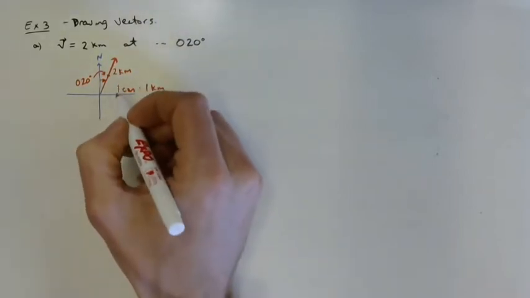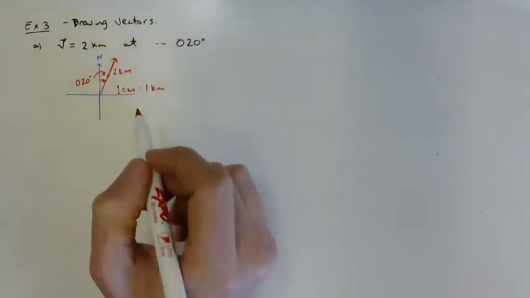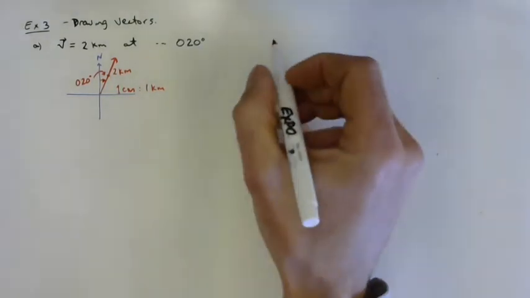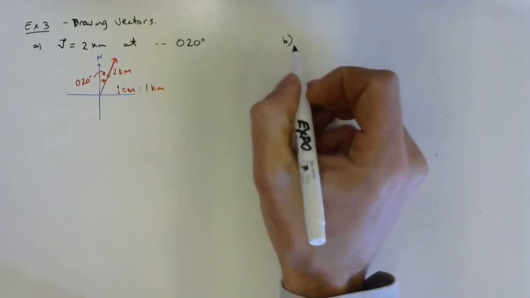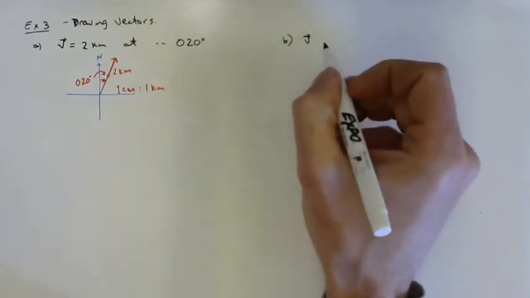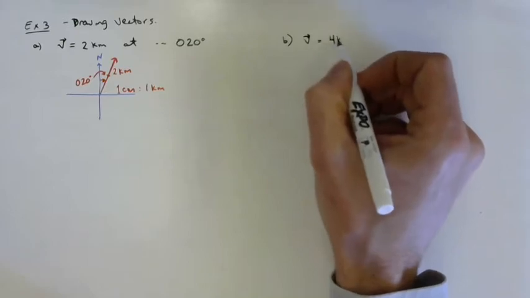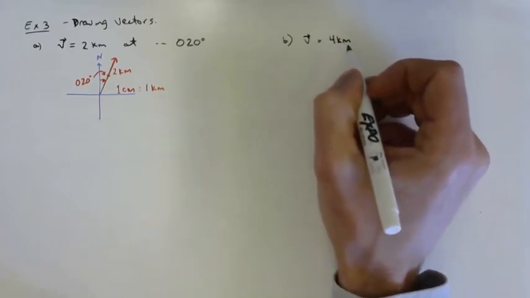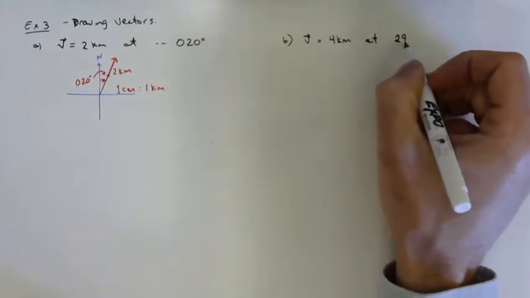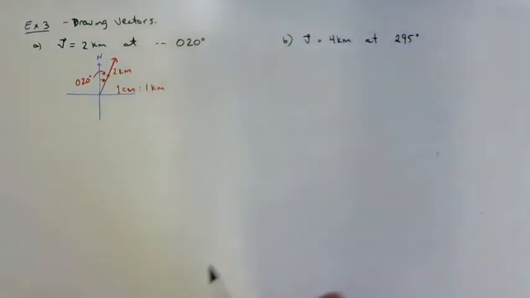So 1 centimeter on my diagram represents 1 kilometer in real life. All right, B, I'm going to come over here. B tells us that vector V is equal to 4 kilometers at a bearing of 295 degrees.